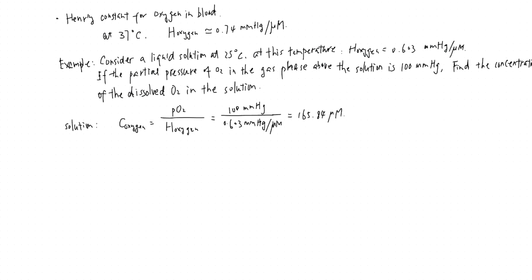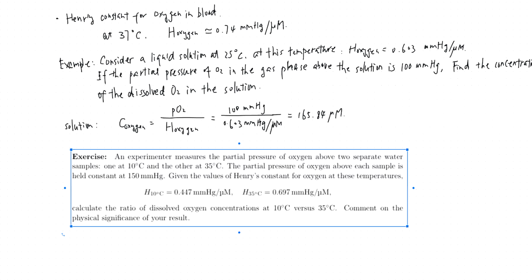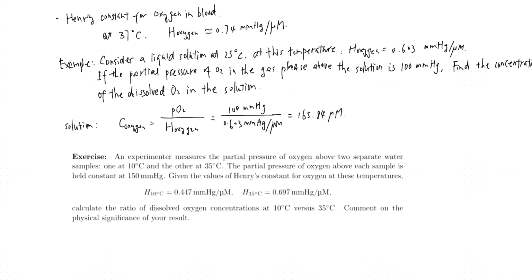Okay, let me leave an exercise or a homework for you. So here is the homework problem. An experimenter measures the partial pressure of oxygen above two separate water samples.